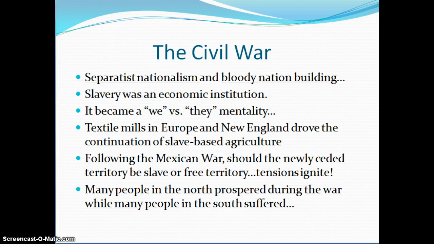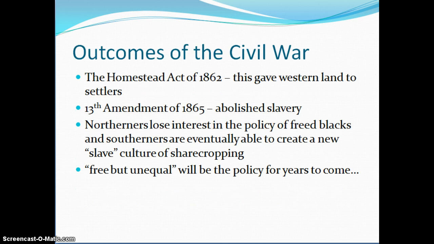Following the Mexican War, should the newly ceded territory be slave or free territory? Tensions ignite. Many people in the North prospered during the war, while many people in the South suffered. All key points in review of our Civil War and comparing it to nation building in Europe.